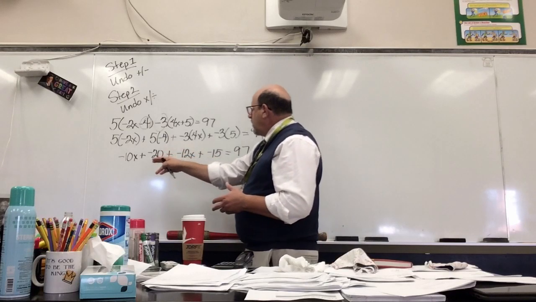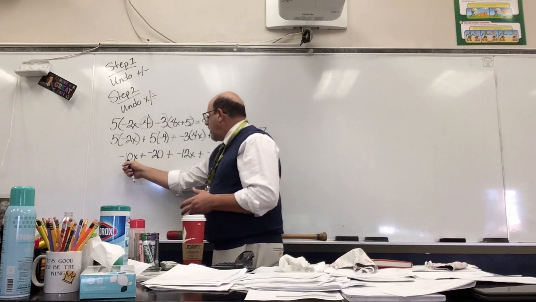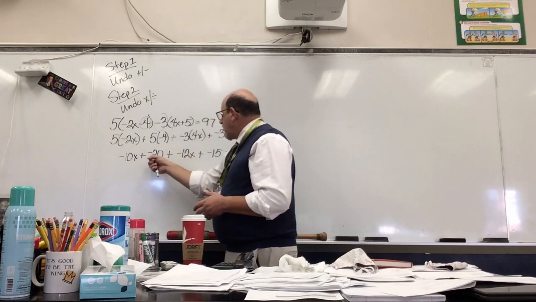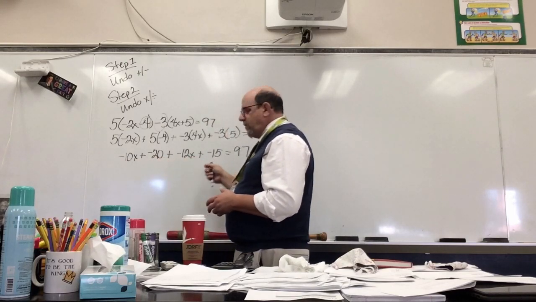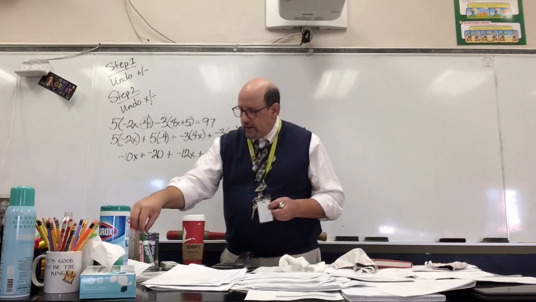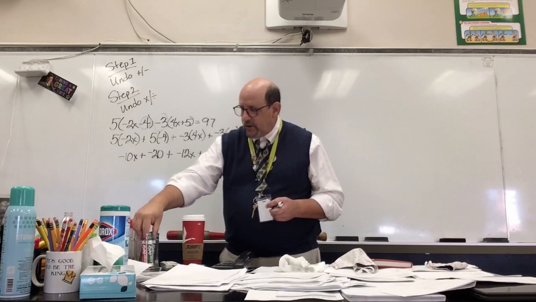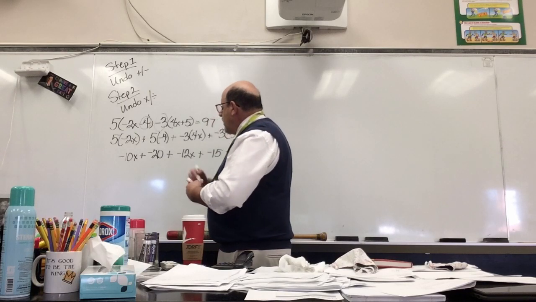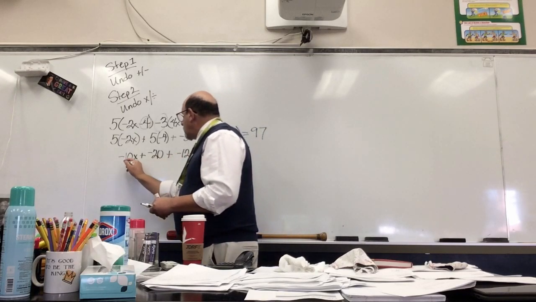Now we have two sets of like terms. We have our coefficient x terms, and we have our constants, negative 20 and negative 15. And I'm going to highlight them, and I'm going to underline them in two different colors, because we want to understand that there are two different types of terms here.